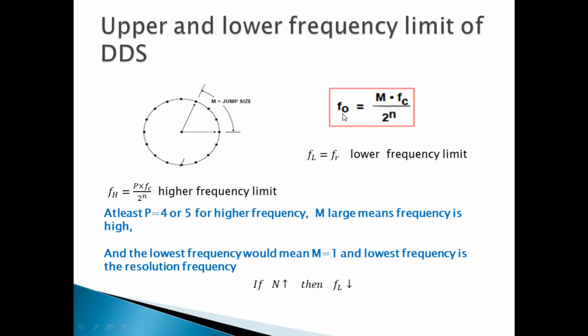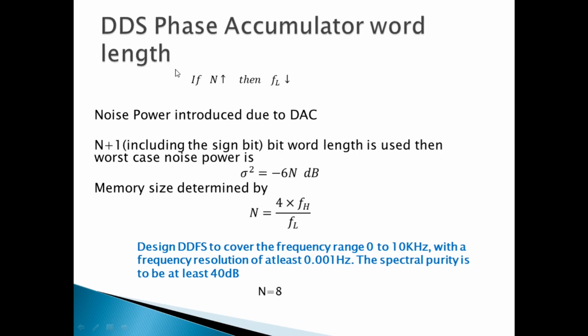Yet there are some pitfalls here. So it looks like increasing the size gives us a good resolution, a low resolution frequency, yet the noise power which is related to the size of the accumulator will worsen because it follows a linear relationship here.